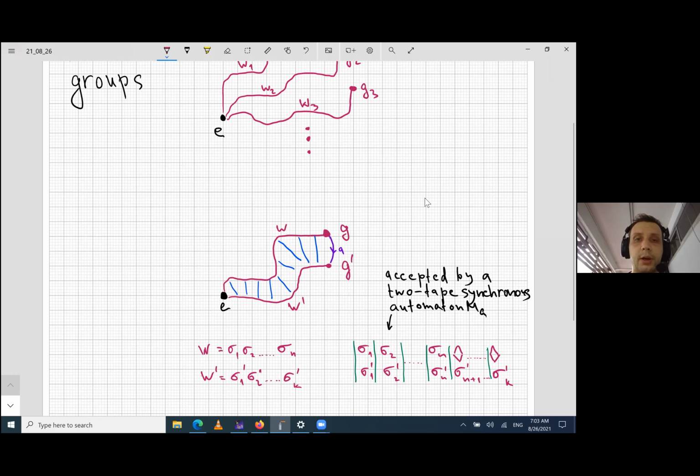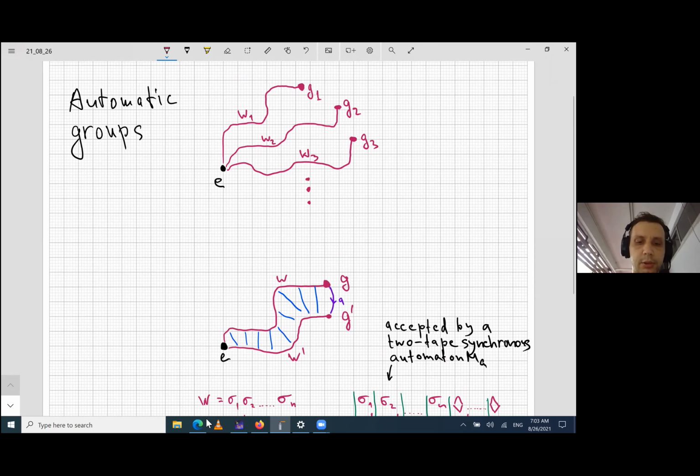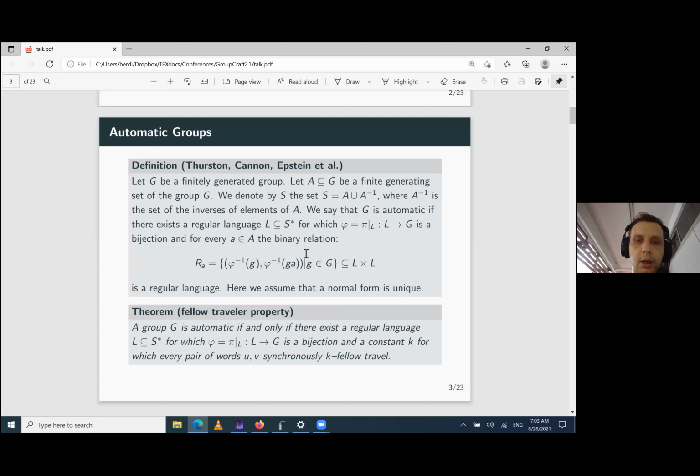And you have this famous fellow traveler property: if you move with the same speed along the paths W and W prime, then the distance between the travelers will be bounded by some constant. This is just to recall the definition of automatic group.